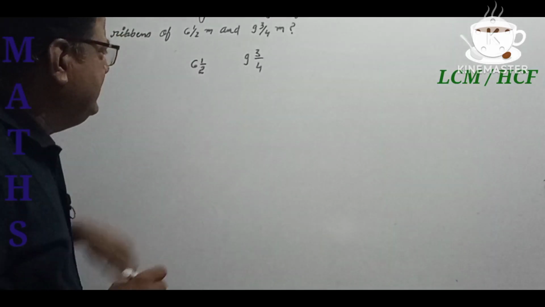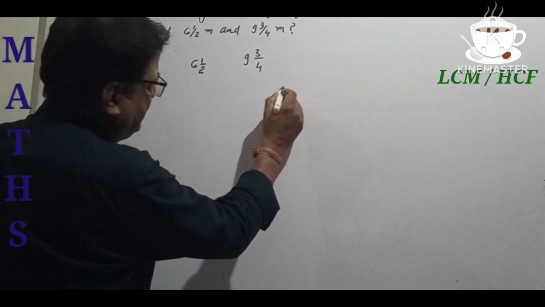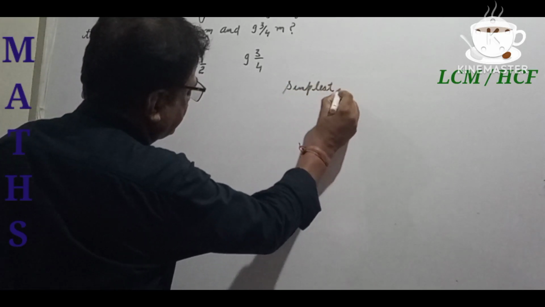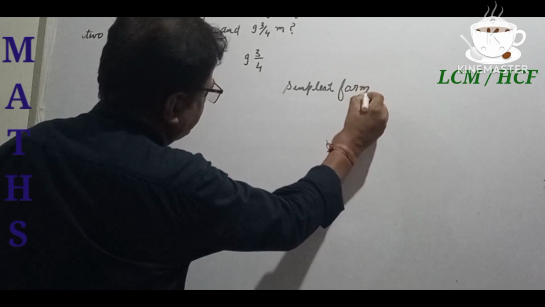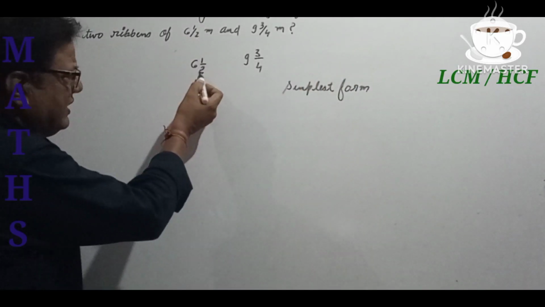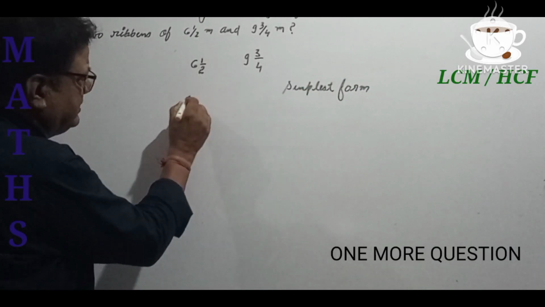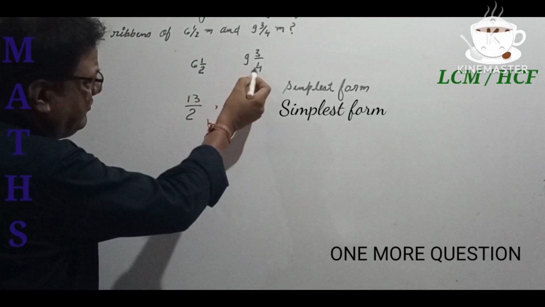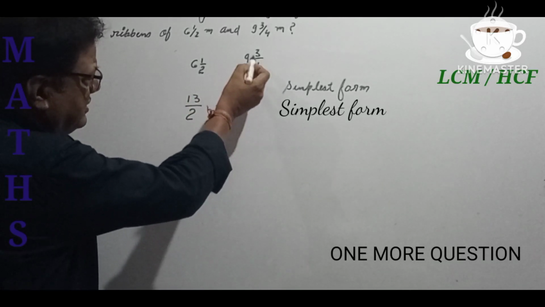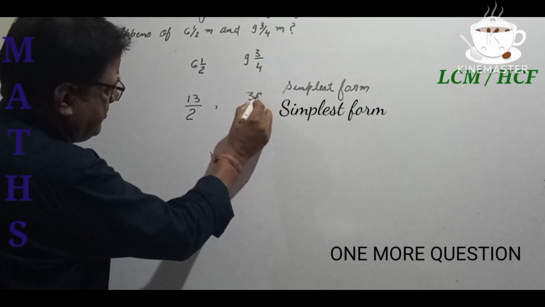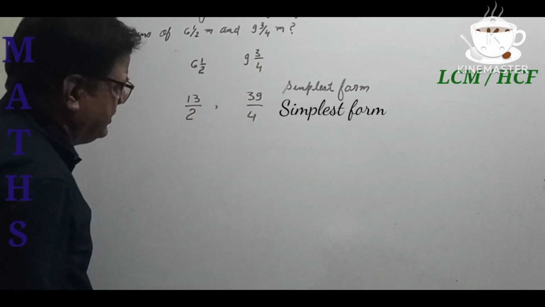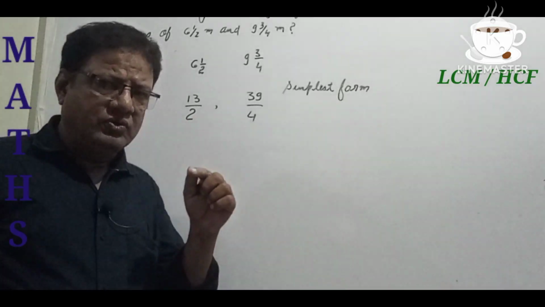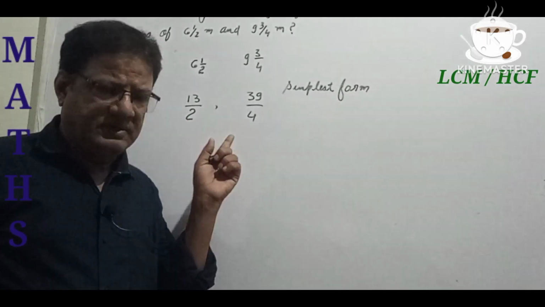First of all we change these numbers into simplest form. 6 2s are 12 plus 1, 13, 13 upon 2, and 9 4s are 36 plus 3, 39 upon 4. Now the numbers are here, and we want to find the SCF of these numbers.